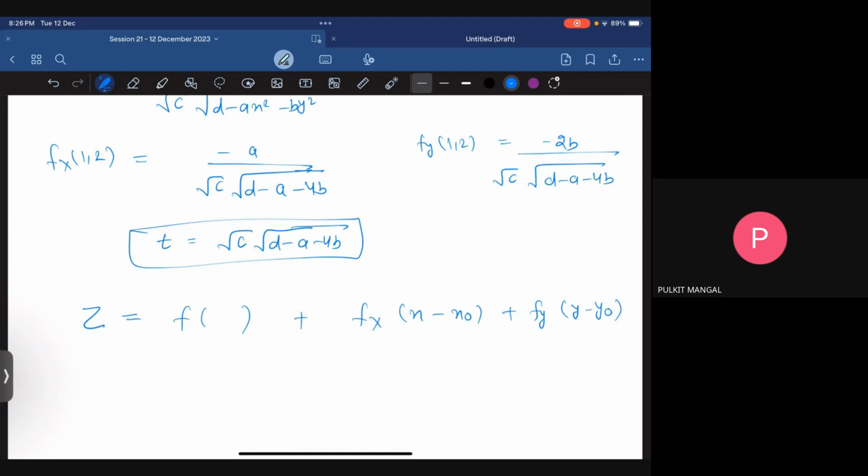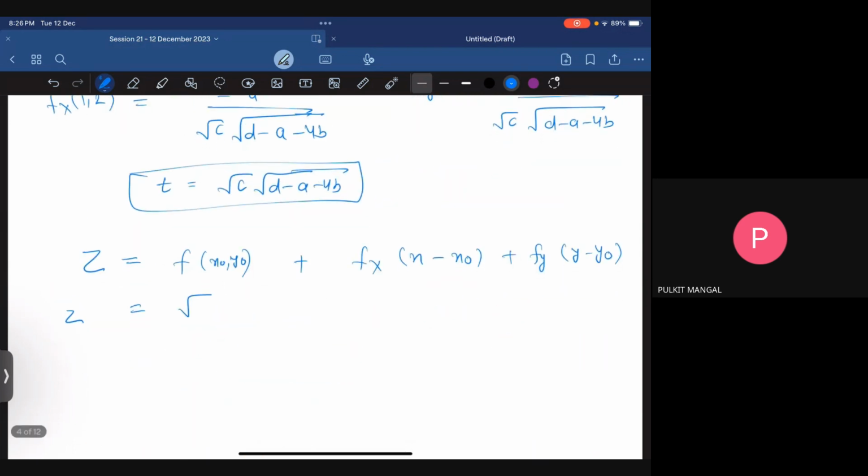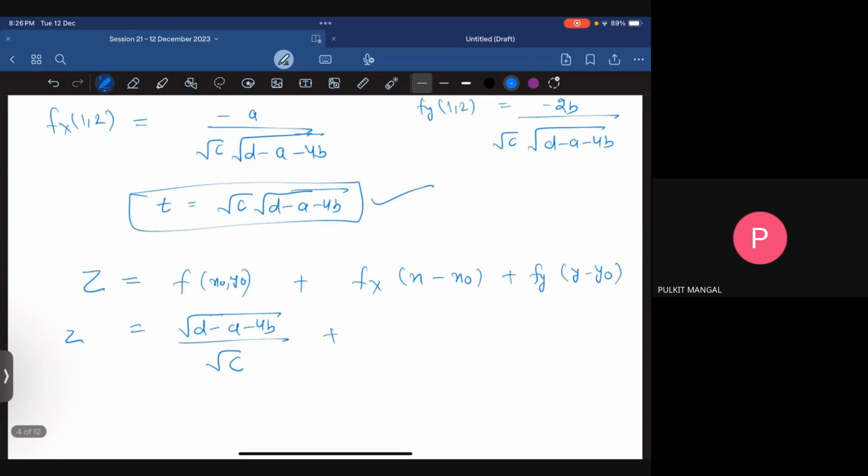The function value was under root d minus a minus 4b divided by under root of c, plus, considering this as t, negative a by t here and negative 2b by t here.